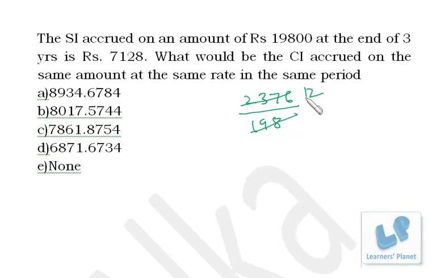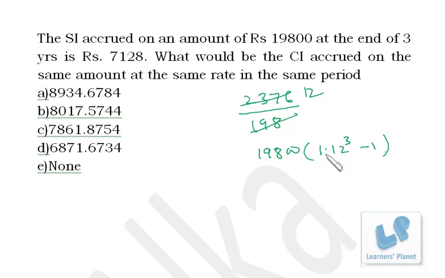Now what would be the CI accrued on the same amount? That we have to find out, right, in 3 years. So precisely our calculation is 19800 into 1.12 whole cube minus 1. Now friends, there are two ways before you. Either you solve this, that will be really tedious and time consuming, or you can get a rough idea of this calculation.